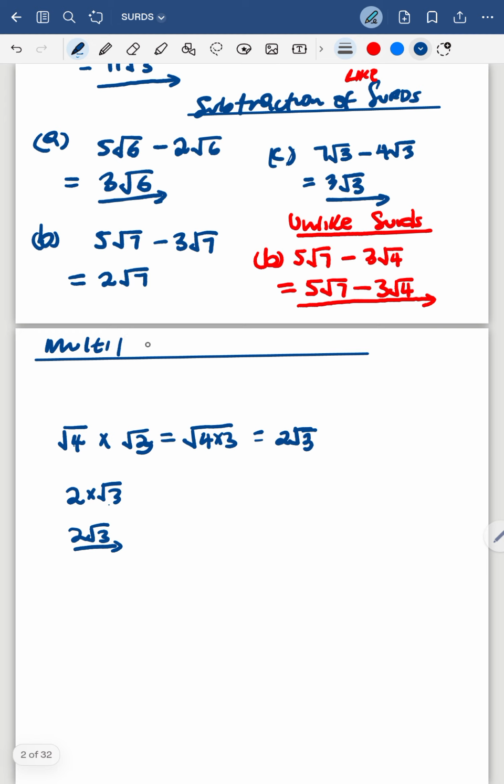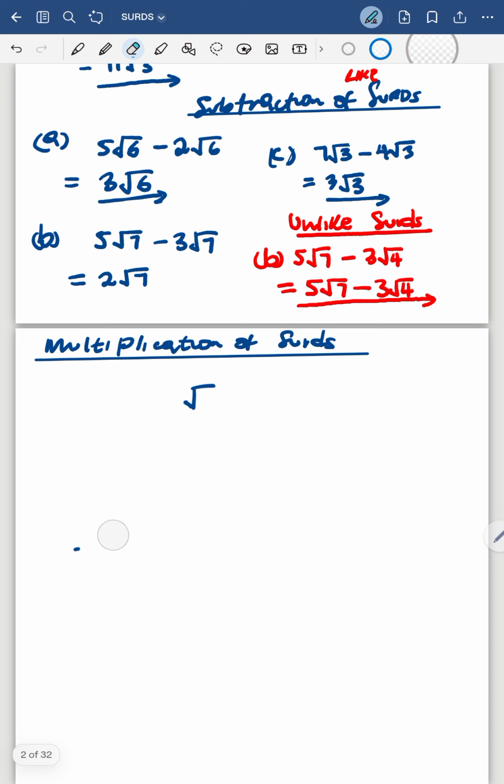Multiplication of surds. Let me repeat this. If it's not clear, let me repeat it again. What I'm saying is that there's a principle, which is principle 1.